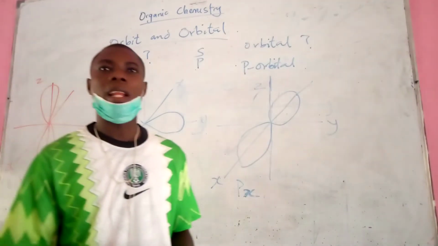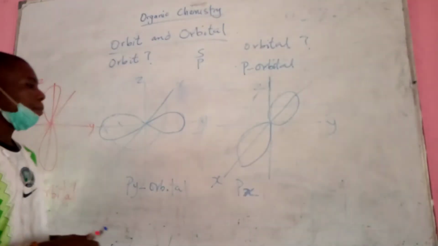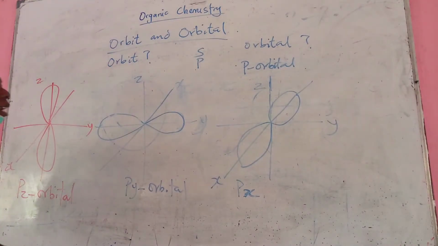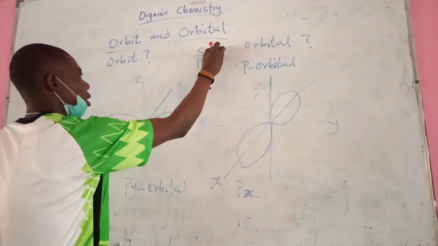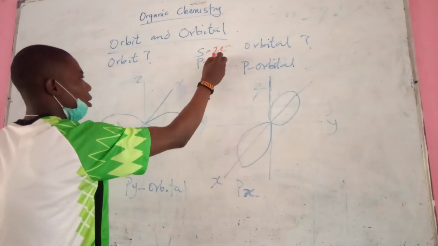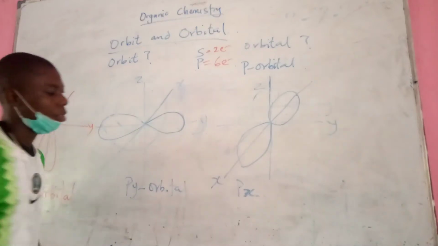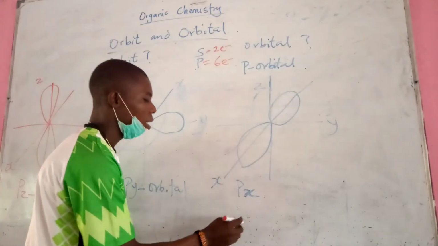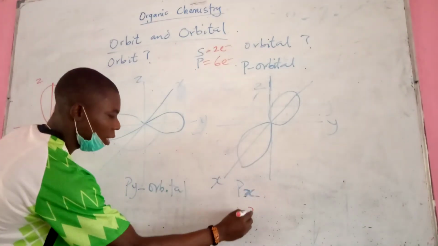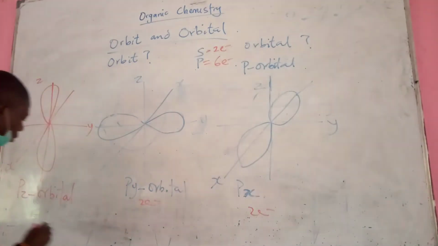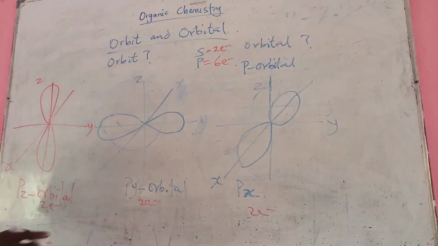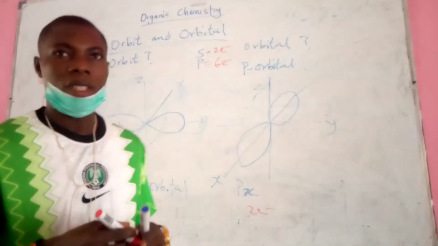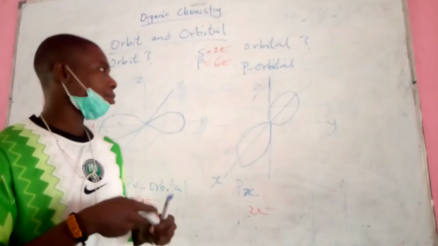The maximum number of electrons which a p orbital can occupy is 6. S is 2 electrons, P is 6 electrons, which means that each subshell will occupy 2 electrons.